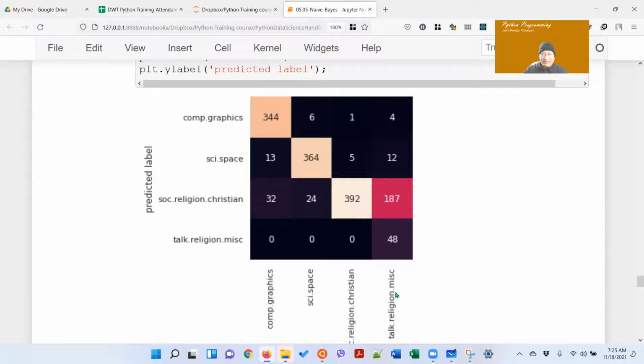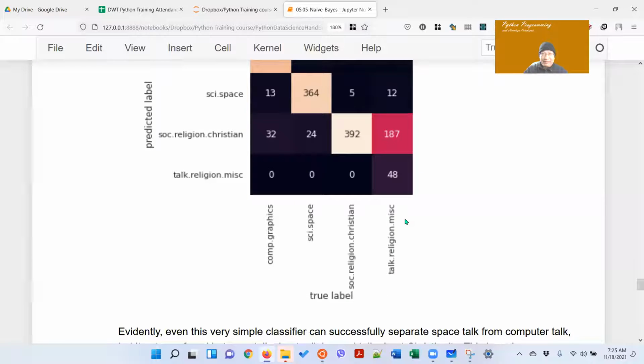But here, for talk religion miscellaneous, we see a problem.